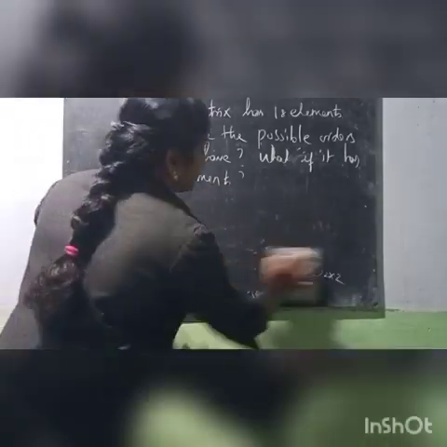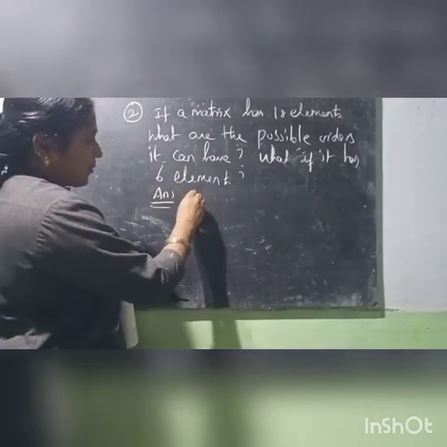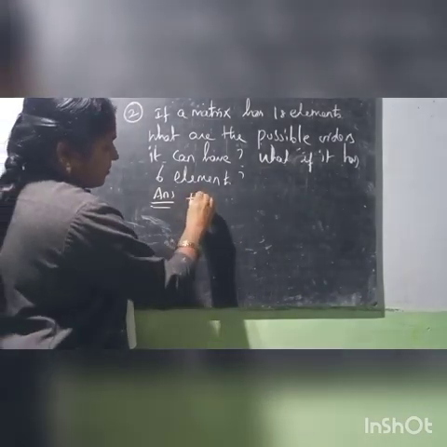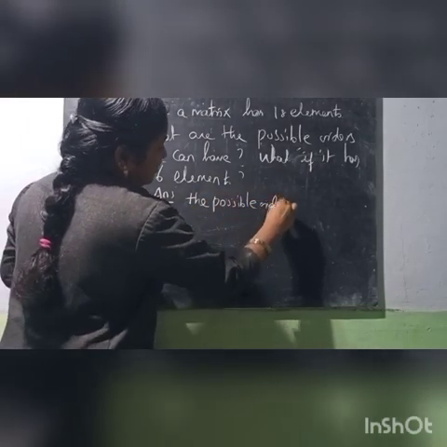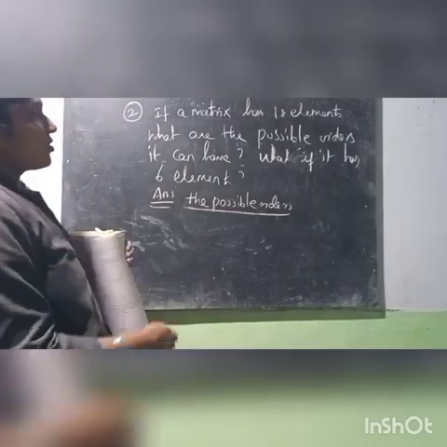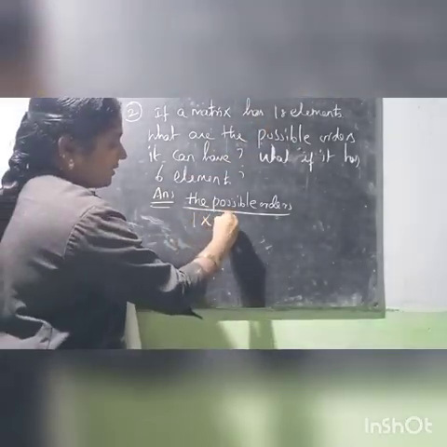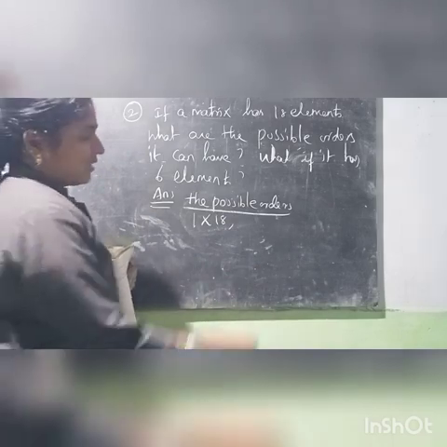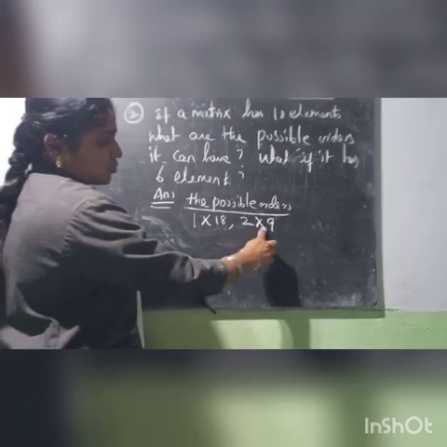Now 18 elements. So the possible orders. If it is 18 elements, the first possible is 1 row 18 column. Then 2 row 9 column, because 2 9s are 18.